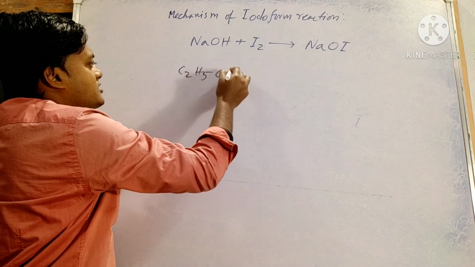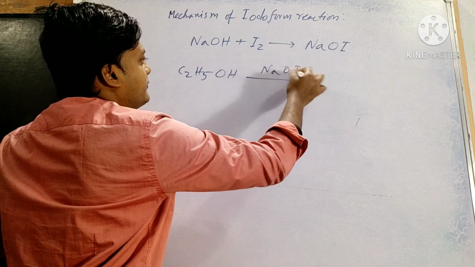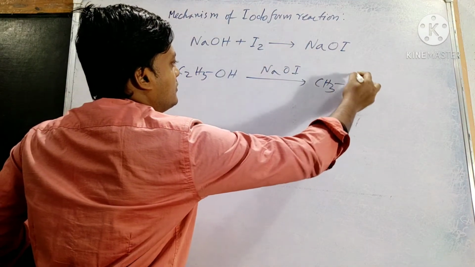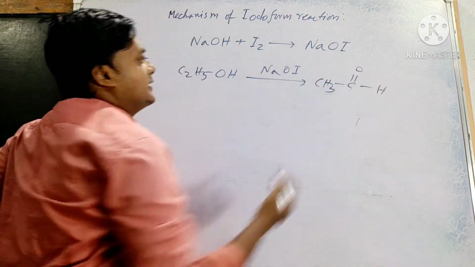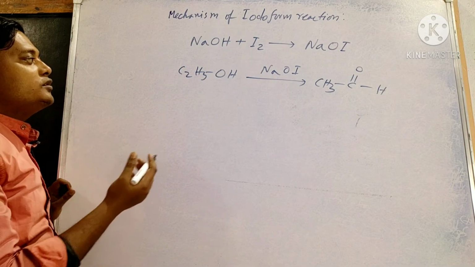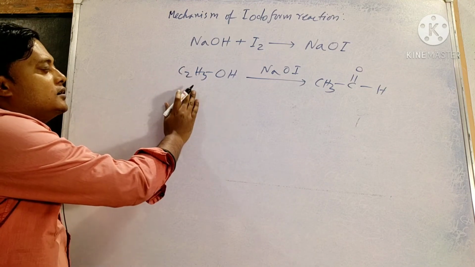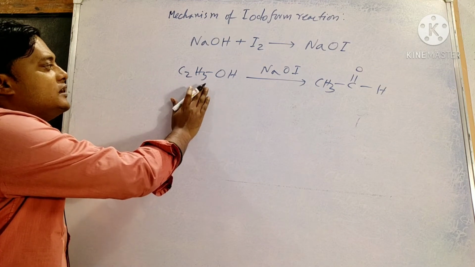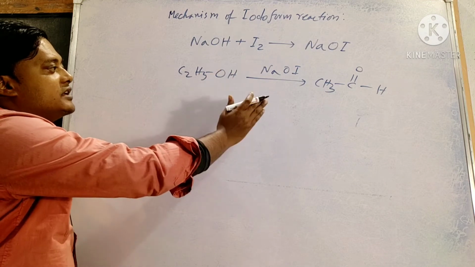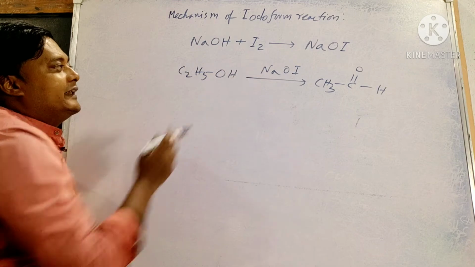It oxidize ethanol to acetaldehyde. So if we want to prepare iodoform from ethanol, in this case first step, see ethanol will oxidize to acetaldehyde in presence of that NaOI.